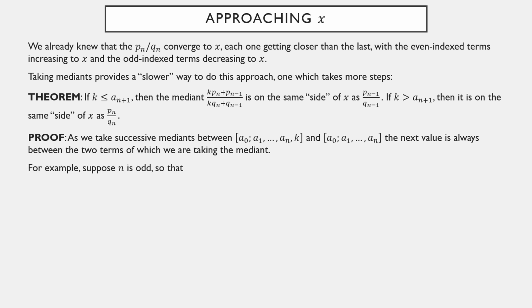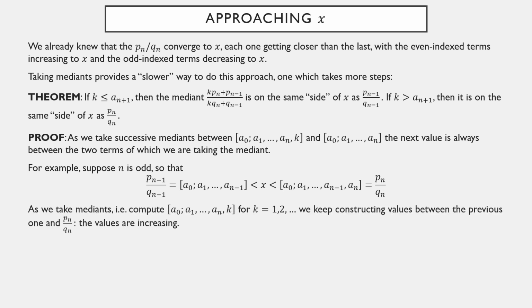So let's suppose, for example, n is odd. So pₙ₋₁/qₙ₋₁ is an even indexed convergent. It is less than x. pₙ/qₙ is an odd indexed convergent. It is larger than x. As we keep computing mediants, we're between pₙ₋₁/qₙ₋₁ and pₙ/qₙ. So we increase a bit compared to pₙ₋₁/qₙ₋₁.